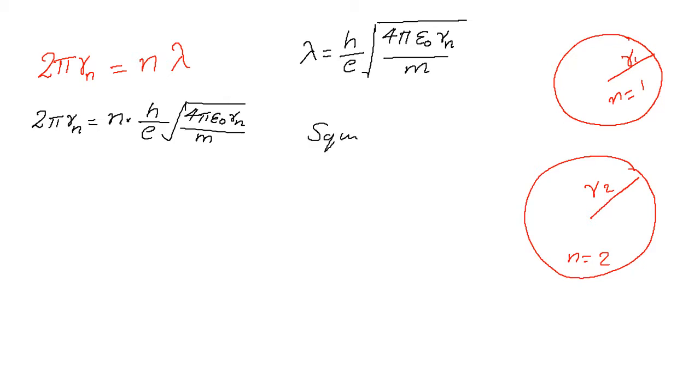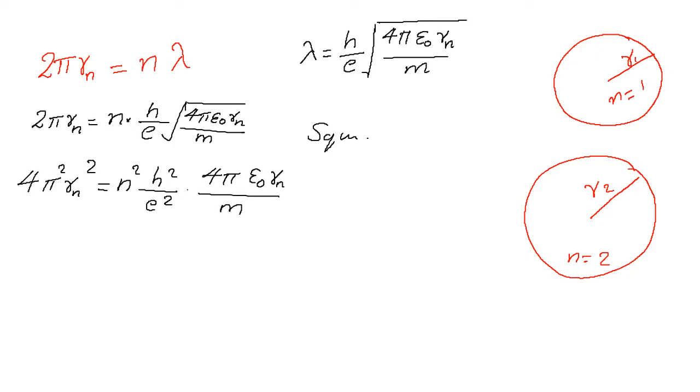For simplicity, squaring, you will get 4 pi square Rn square is equal to n square h square by e square into 4 pi epsilon 0 Rn divided by m. Now I am going to cancel common terms on either side.